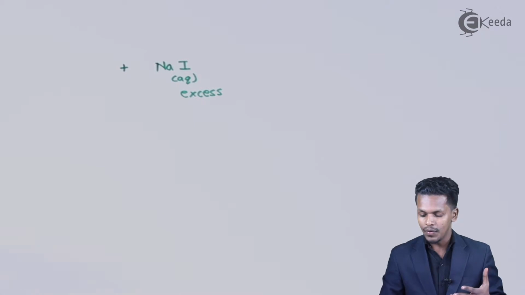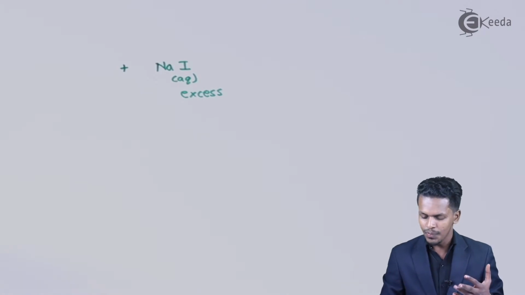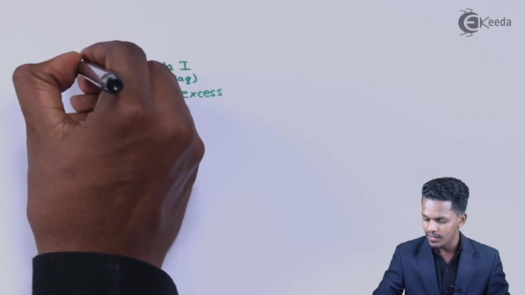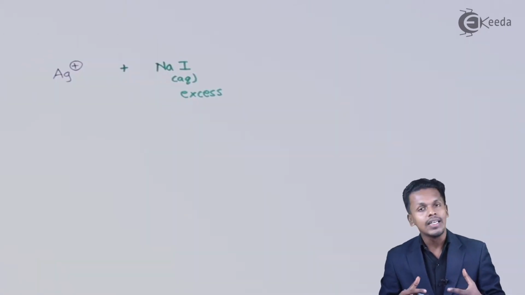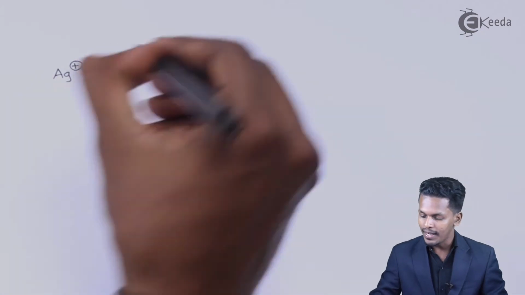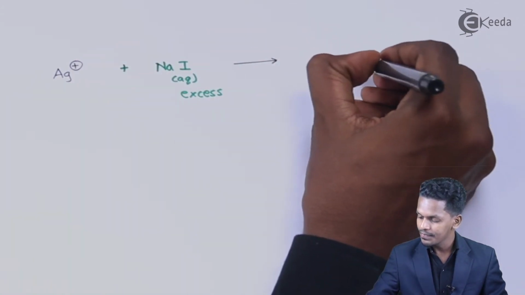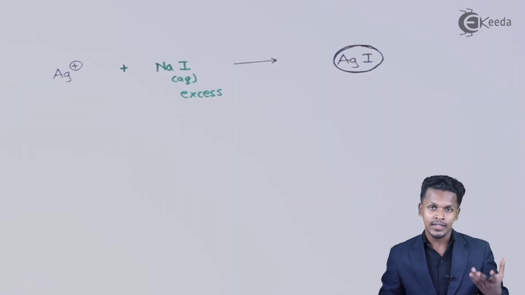Since AgNO3 is an electrolyte, it will dissociate into Ag+ and NO3-. So suppose Ag+ is the one which we have added to the NaI solution. Obviously the product that we could obtain is AgI.